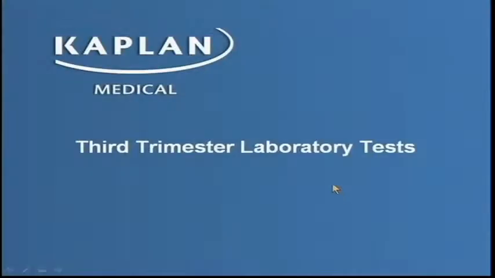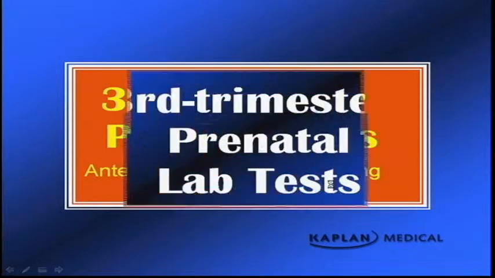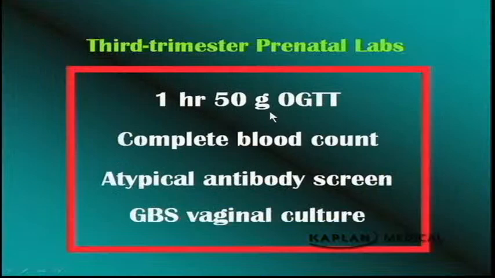The next section is third trimester laboratory tests. And the specific tests that we're going to perform in the third trimester are the 1 hour 50 gram oral glucose tolerance test. This is done typically at 24 to 28 weeks, screening for gestational diabetes. We're going to do a complete blood count, looking specifically for anemia, iron deficiency anemia.